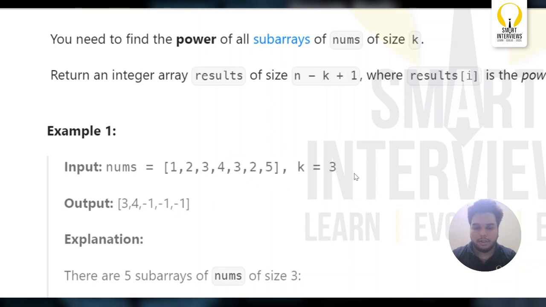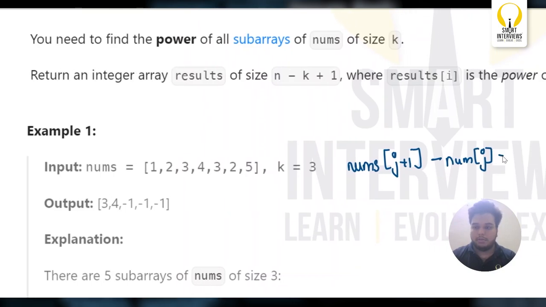If you observe, when can we say the answer is in increasing order as well as consecutive? If nums j plus 1 minus nums j, if the difference is equal to 1, then I can say they are in increasing order and consecutive.